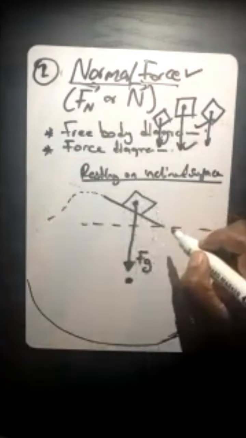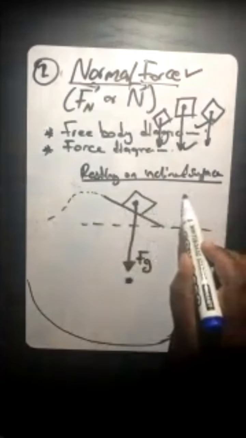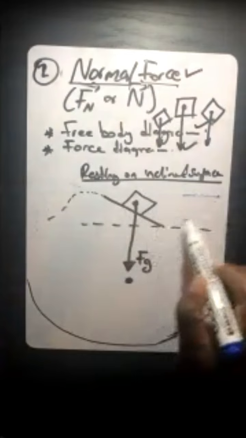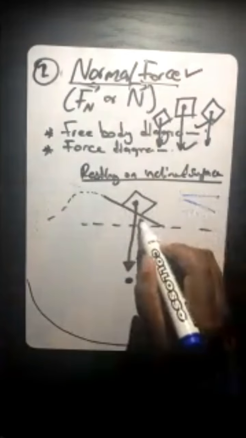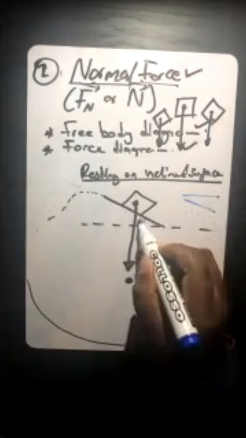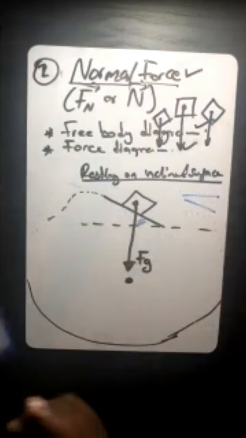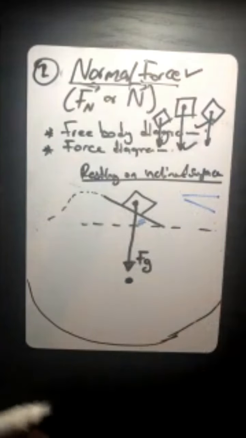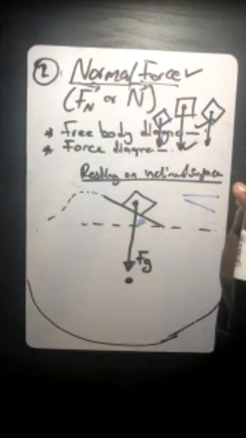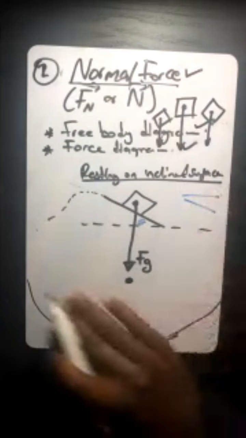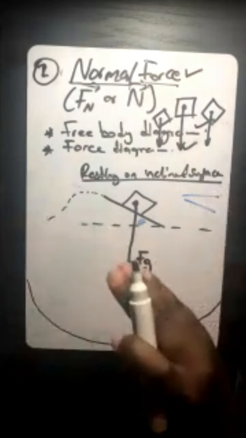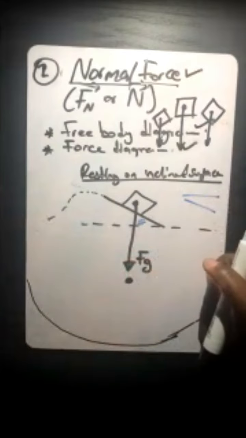But remember now, this object is sitting on an inclined surface. So it's a surface which is not horizontal, but inclined, which forms a certain angle there. What you need to be careful of is the direction in which the normal force acts. The normal force has got nothing to do with the earth, but the surface on which the object is resting.